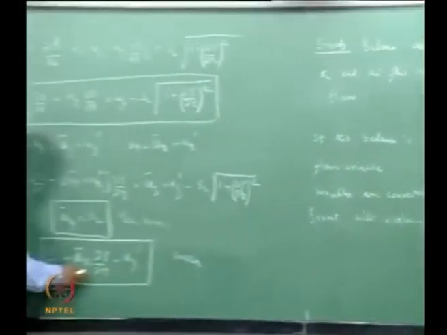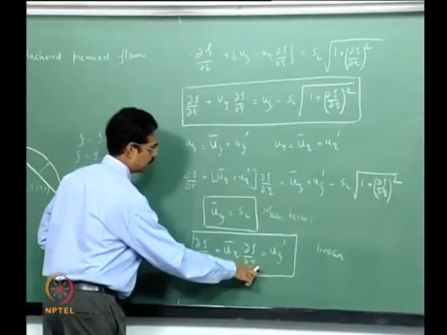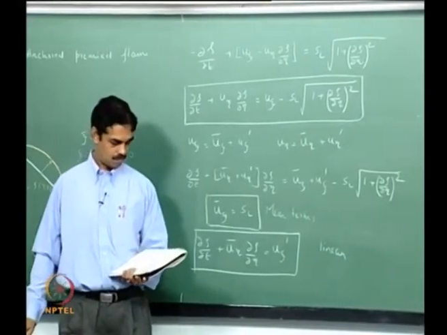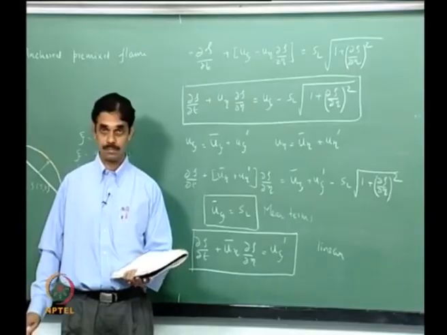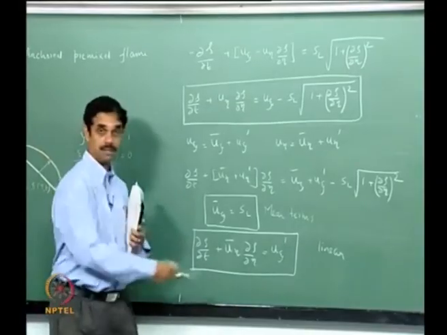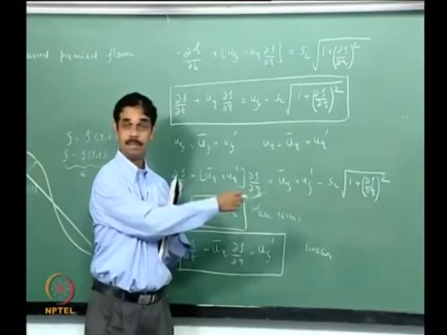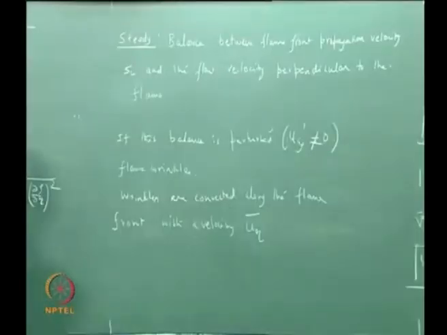You can see from this equation, this is the convective term, this convects wrinkles. So this is a simple equation, we can integrate this in a straightforward way. Is this interpretation clear? I think once that is clear, everything else is clear.